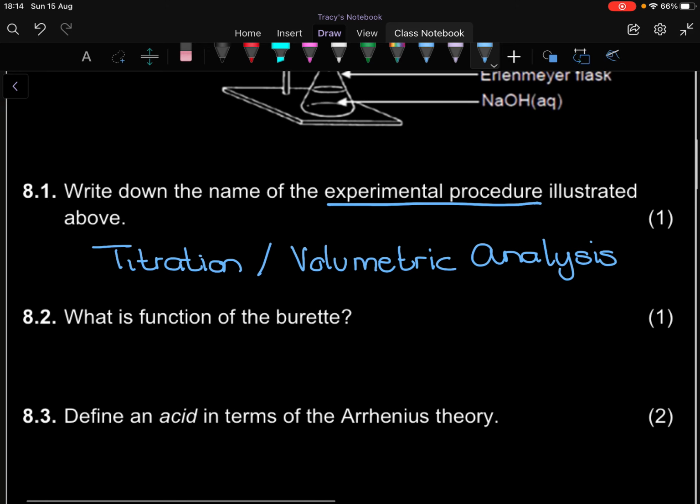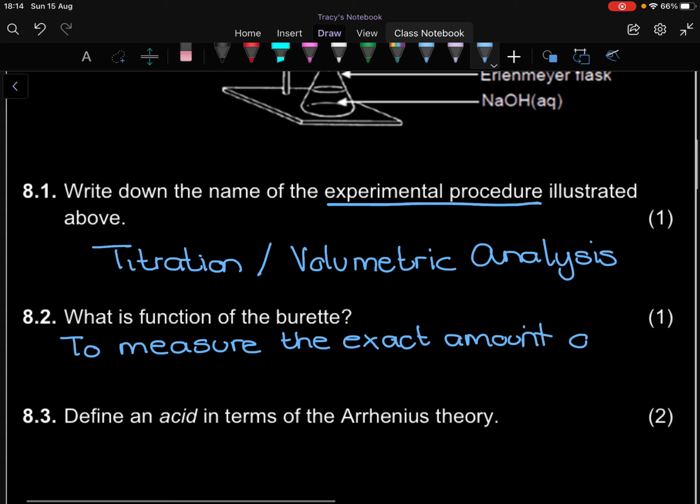Well, it's to measure the exact amount of H2SO4 needed to reach the end point.